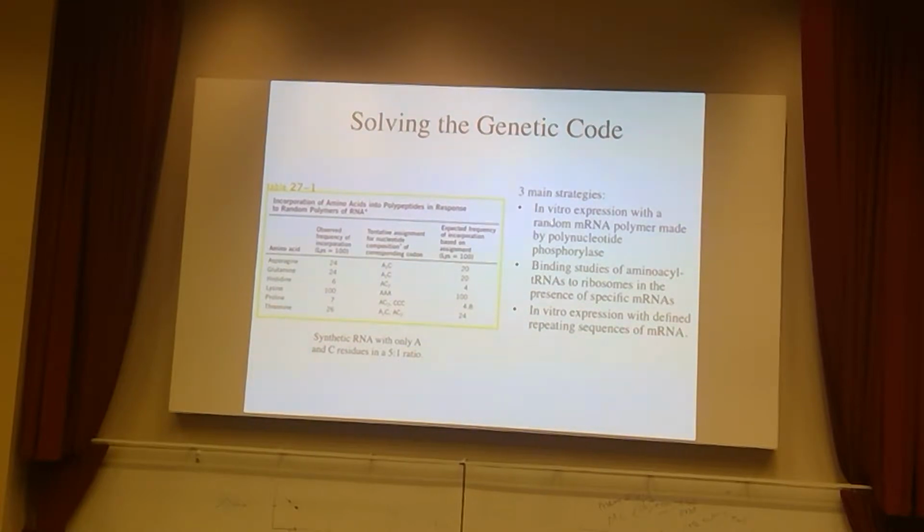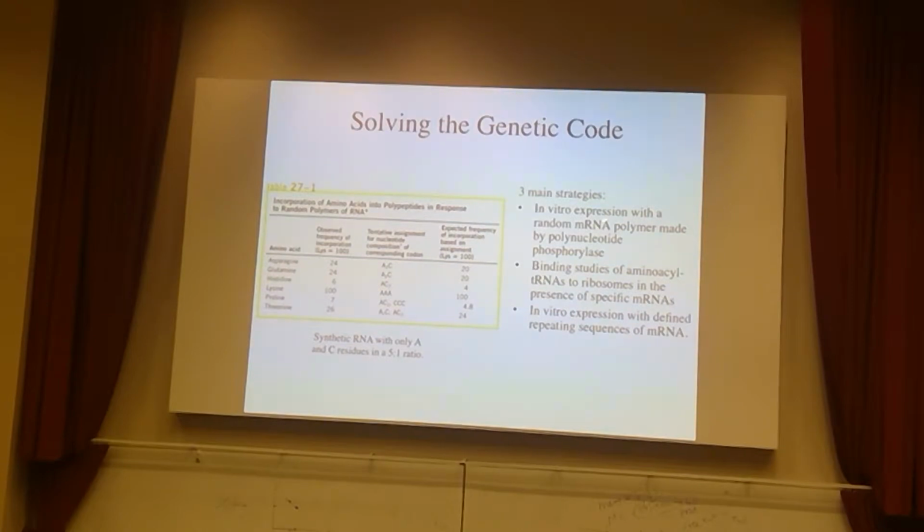So let's talk about what in vitro expression means, because that's common to 2 of these strategies. It just means that I bust open a cell, take the ribosomes that are sitting in there, and put them into a test tube with a bunch of goodies: the amino acids, ATP, salts, everything that's needed to make sure the ribosome can do its thing.